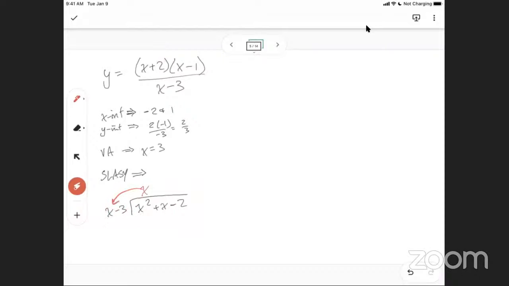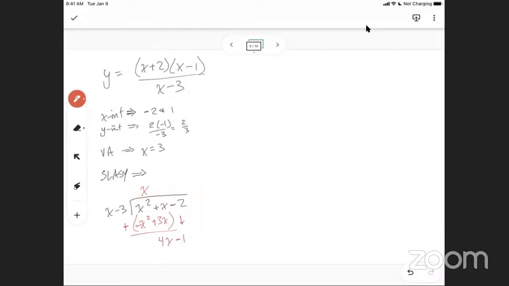So x times x minus 3 is x squared minus 3x. But remember, when you're doing long division, you're going to actually subtract that, so we have to distribute this negative in. Now add straight down. These go away, and these add up to 4x. Now bring the -2 down.